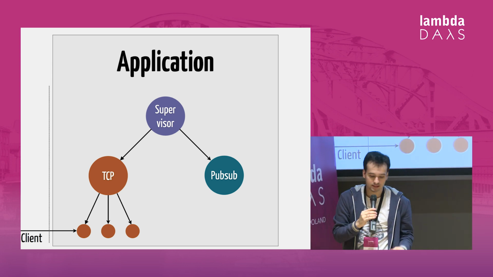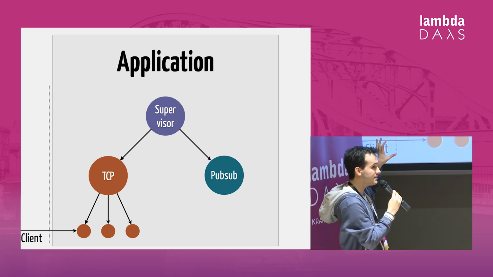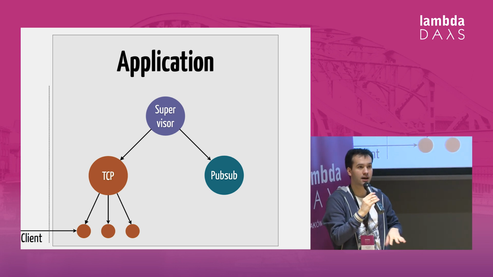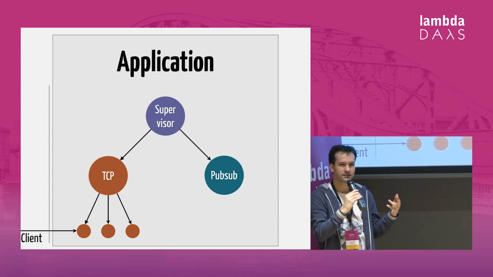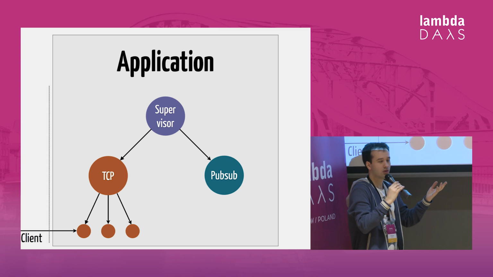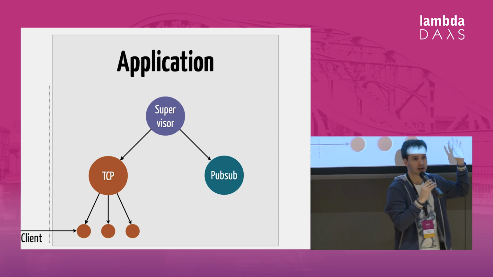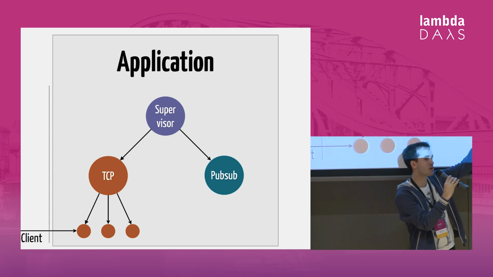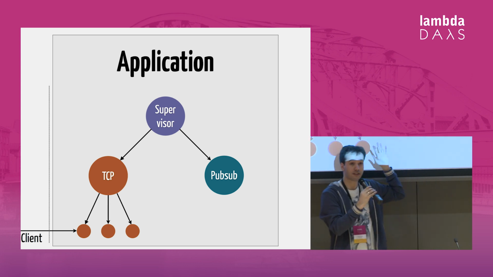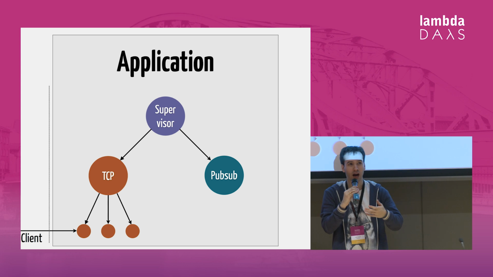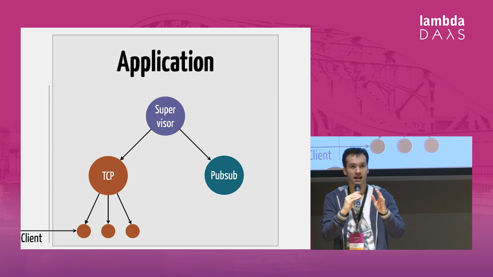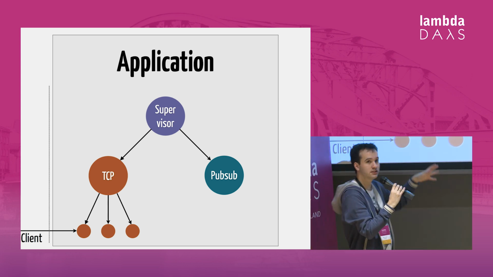And when we start writing software this way, with a bunch of entities all running at the same time, we start to wonder, wait, what's going to happen if something goes wrong with the pub sub process? Because they're isolated, if this pub sub process crashes, everything is going to continue running. But on the other hand, we don't want our system to keep running while missing half of its processes, right?